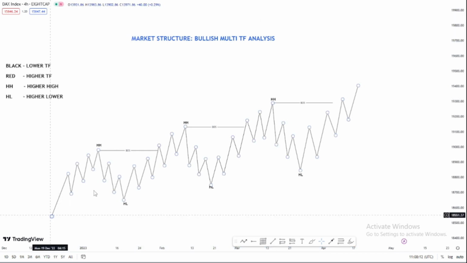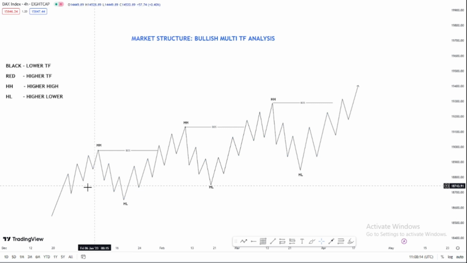So let's say now we are on a smaller time frame, and we see something like this. We understand that the market is in a bullish time frame, and then the market pushes back, it pushes higher. On a bigger time frame, it breaks structure. We understand that the market has to come back because we have an order block, and then the market is still to continue to the upside, right?